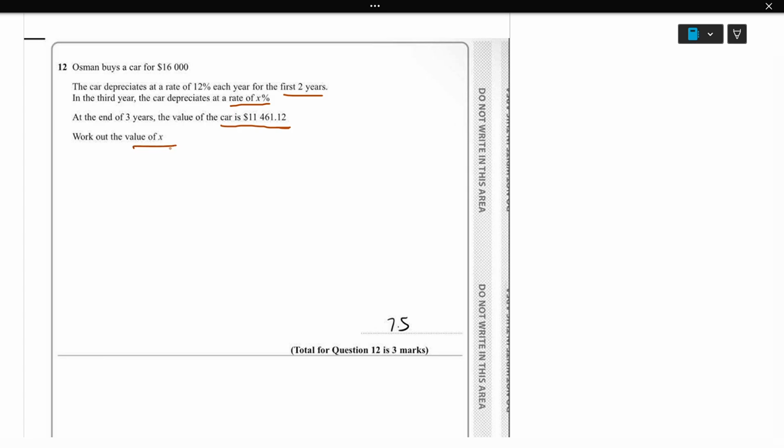Work out the value of X. First, 16,000 times the first 2 years depreciation, so 100 minus 12 is 88 percent, which is 0.88, squared for 2 years, times the third year, 1 minus X percent, equals 11461.12. We just need to find X.